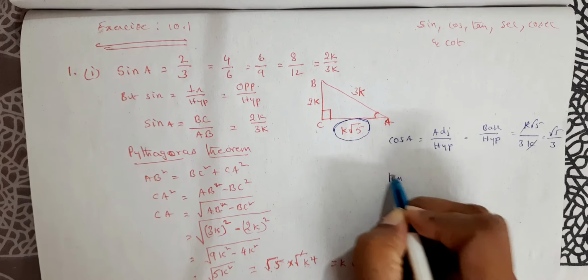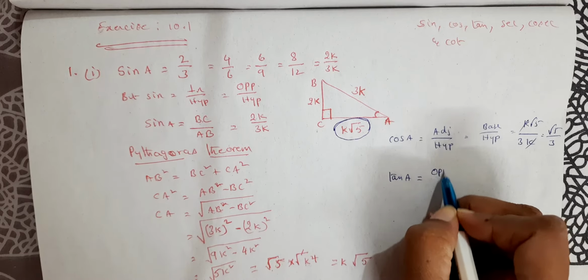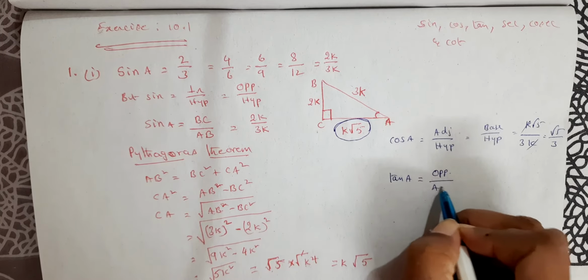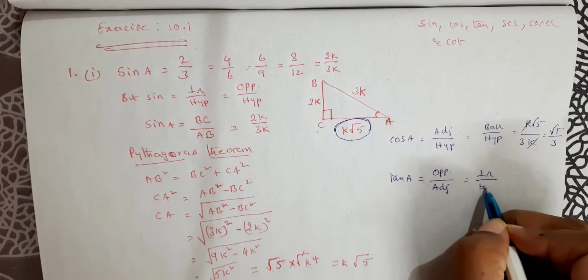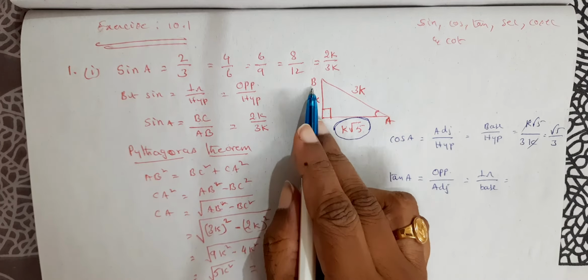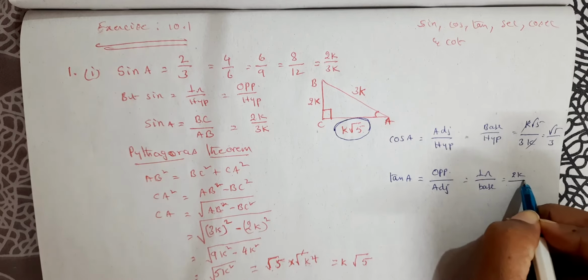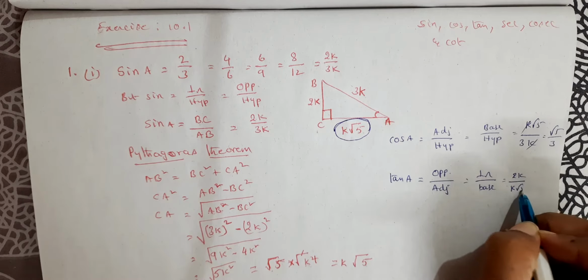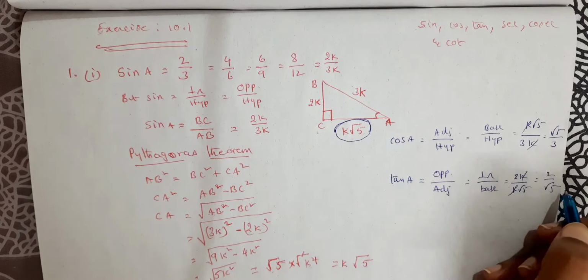Now tan A is equal to opposite by adjacent, or perpendicular by base. What is the perpendicular here? Opposite is 2k, 2k by base k root 5. k will get cancelled, so 2 by root 5.